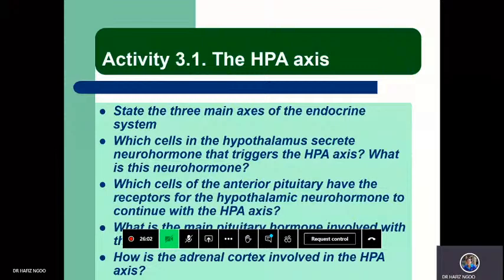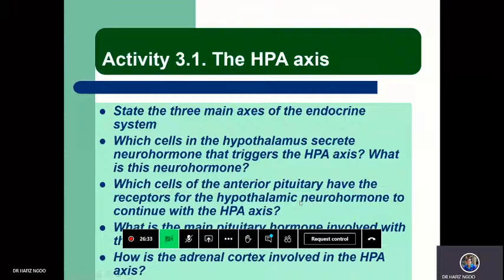And these are usually from the small parvocellular nuclei, basically secreting CRH that triggers the HPA, hypothalamus pituitary adrenal axis, okay? So CRH, corticotropin releasing hormone.